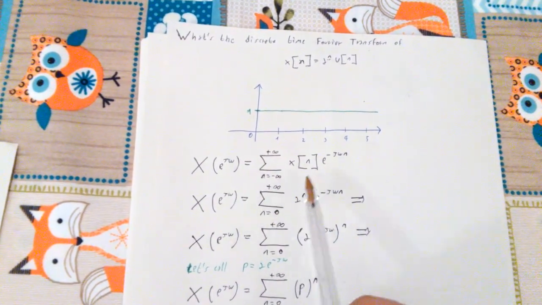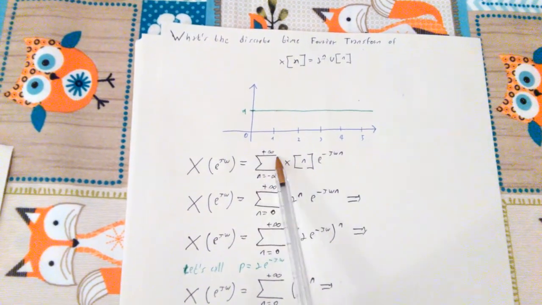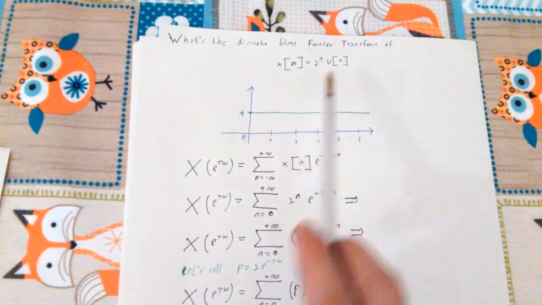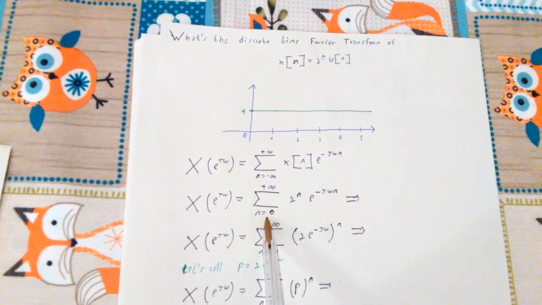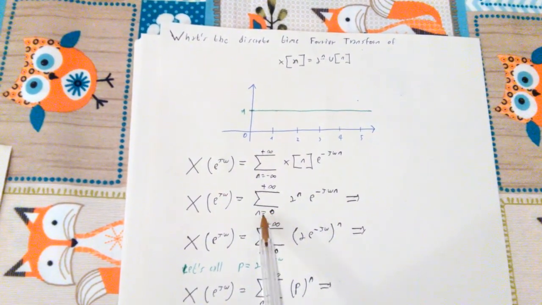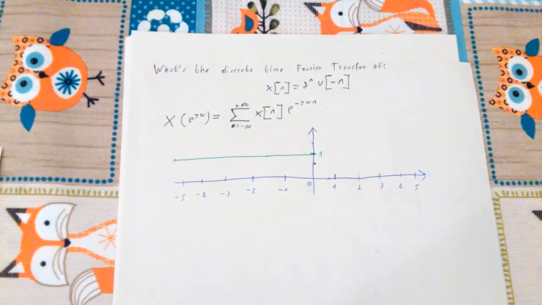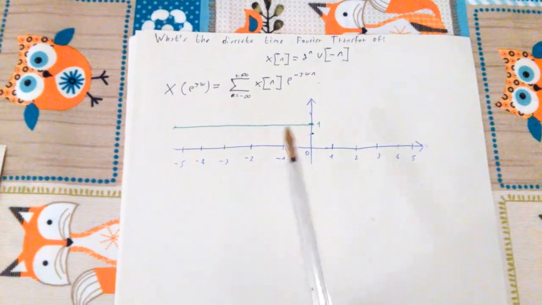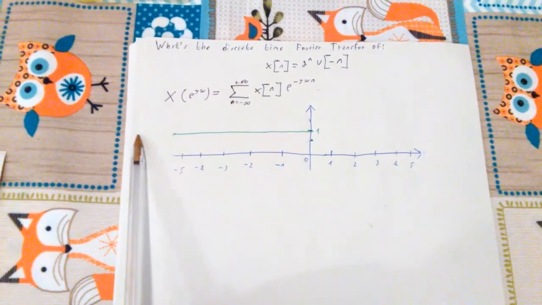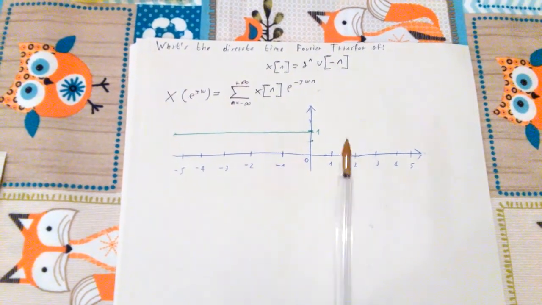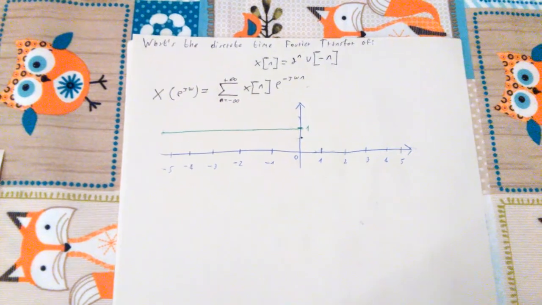Well, remember, just like before, what we did was change the boundary of the sum. By using the property of the unit step, instead of going from negative infinity to positive infinity, since the unit step goes from 0 to positive infinity, we changed it to n that goes from 0 to positive infinity. And over here, it's going to be the very same thing, except that we're going to do that from negative infinity to 0, because we are coming from negative infinity and going to 0, staying constant at 1.